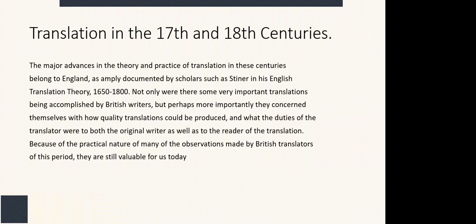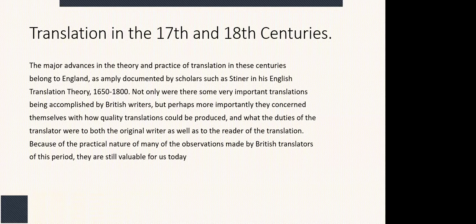Major advances in the theory and practice of translation during these centuries belong to England, right? And this has been amply documented by scholars such as Steiner in his English Translation Theory from 1650 through the 1800s.